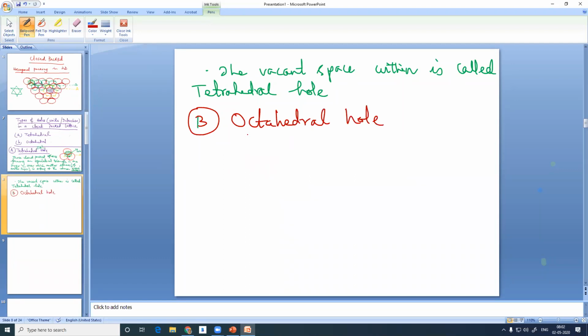First, let us draw the diagram properly. This is one equilateral triangle of one layer, forming three close packed spheres. This is the A layer, forming an equilateral triangle. And I will make another equilateral triangle in the opposite direction for the top layer.